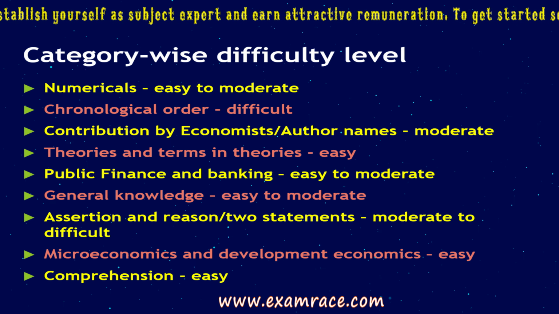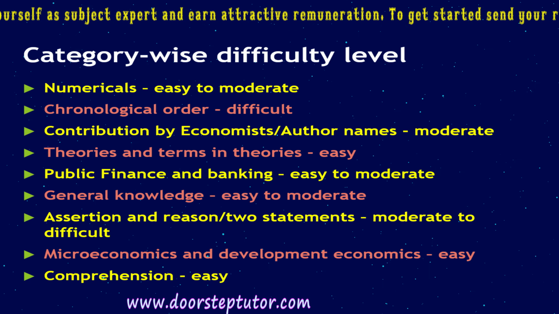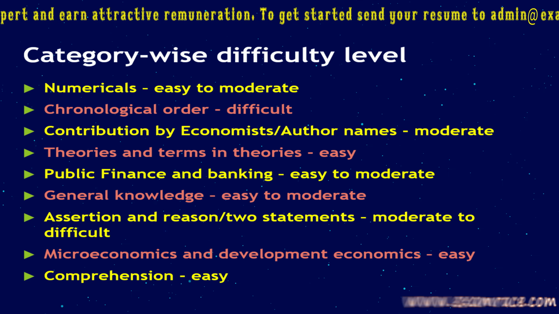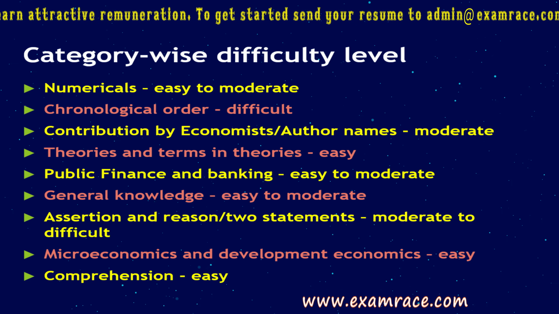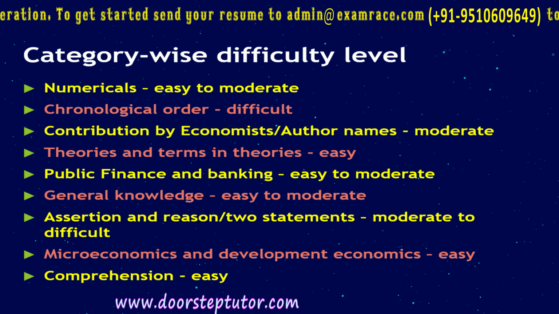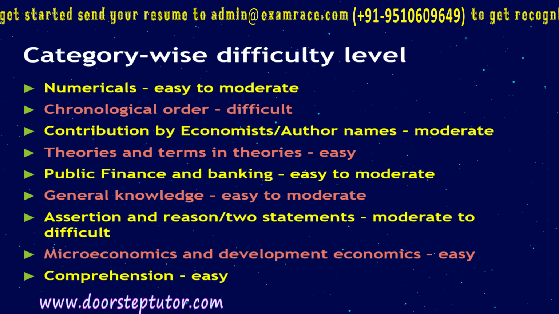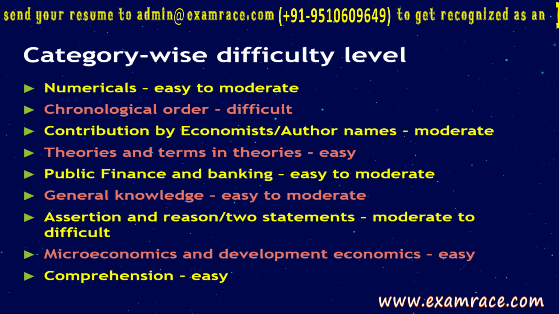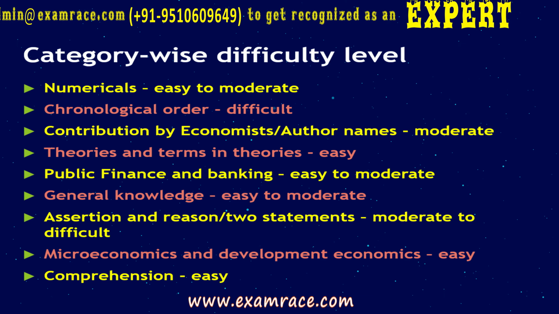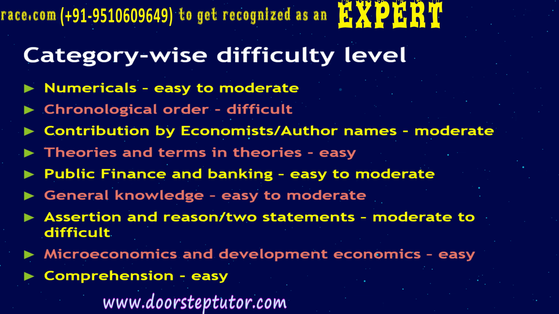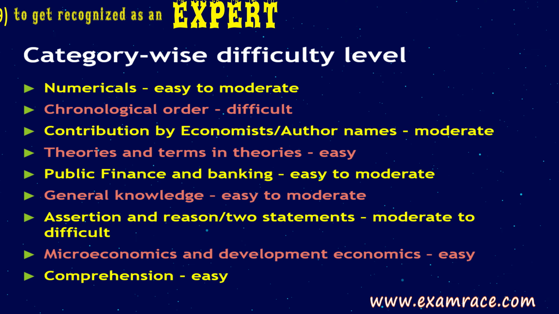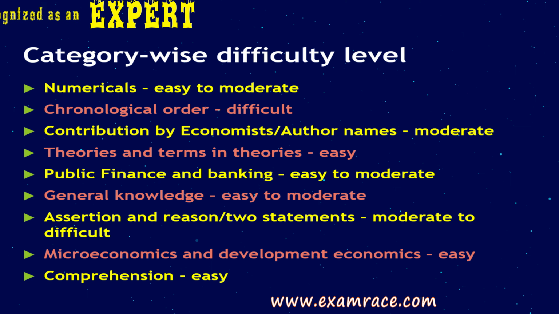Then there were other questions from microeconomics and development economics, such as market failure, adverse selection, positive externality, negative externality, and development economics questions such as demographic dividend and demographic transition. These questions were quite easy. You just have to have a basic understanding of these terms. They are quite easy to understand.